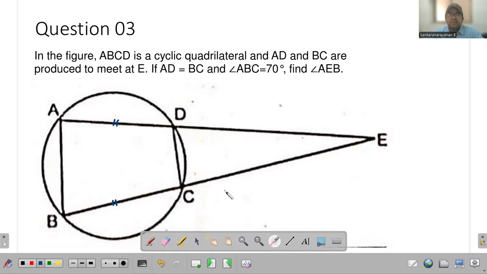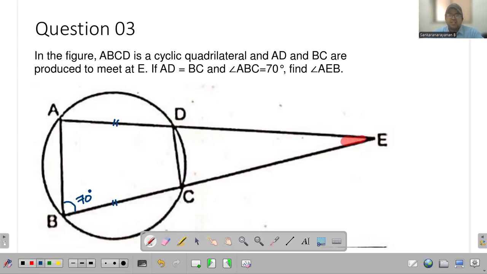It is given in the question that angle ABC, this angle, is equal to 70 degrees. Now you are asked to find the measurement of AEB. That is what is asked in the question.